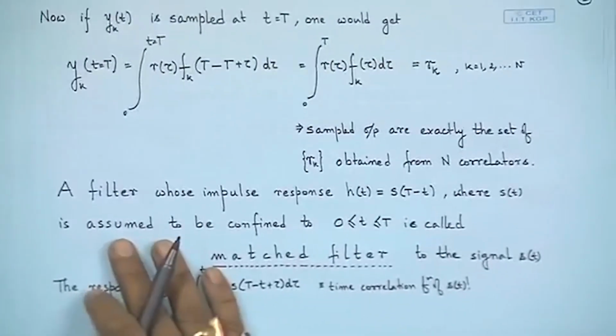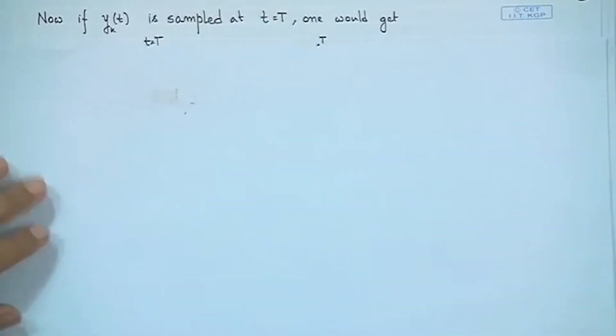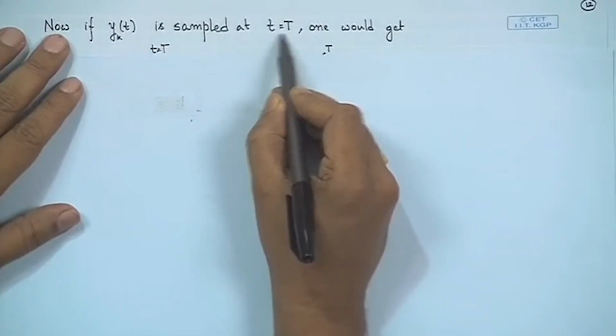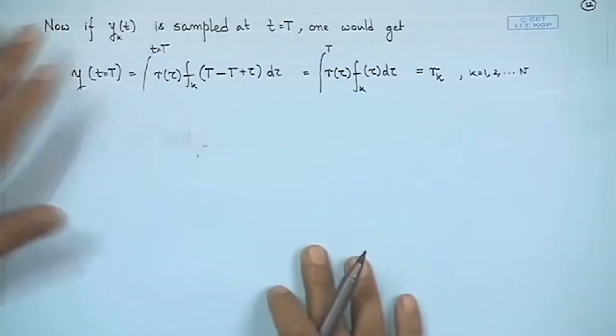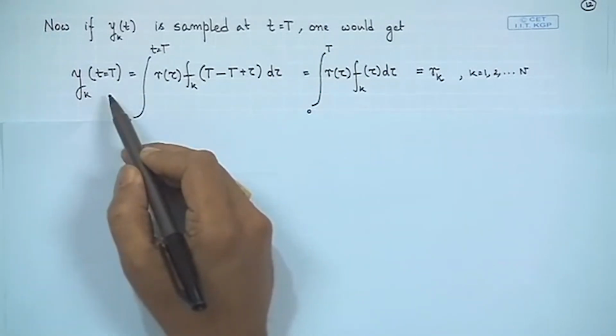So, now if you sample yk of t at t equals to capital T, because at the correlator receiver, you remember we had talked about sampling it at small t equals to capital T, the expression you would get would be something like this.